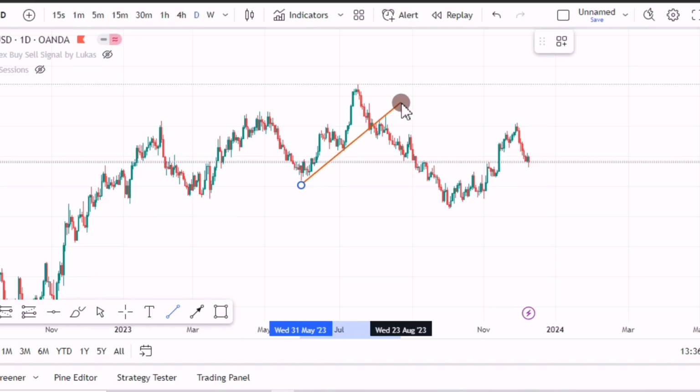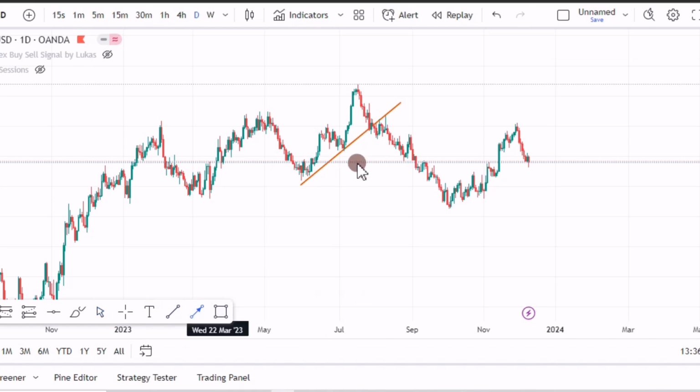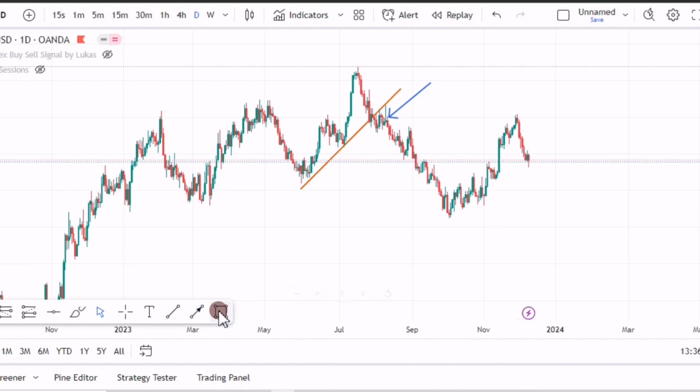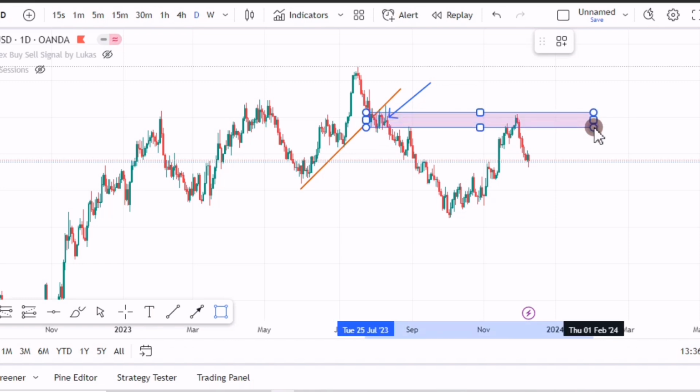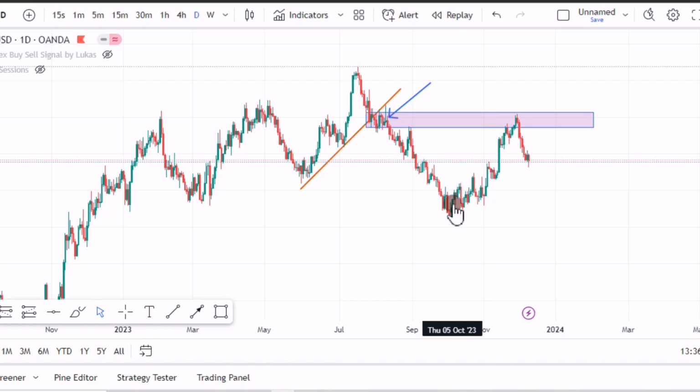Notice this trend line. This was sort of an upward channel. Or let me delete that trend line. Notice this trend line. Can you see that price broke out from there? When it was breaking to the downside, price broke out from there, and that area is very important, because if you extend it like that, when price comes back, it comes back to test the area where it broke out from.